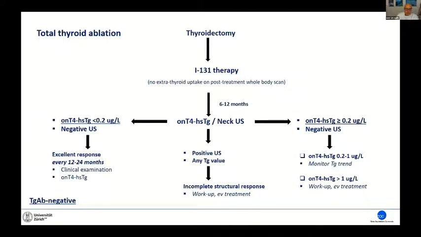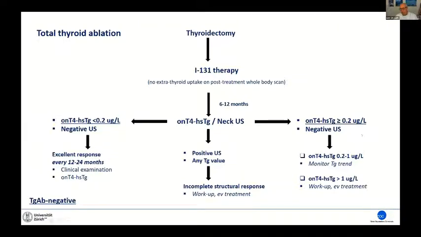In other cases, with negative ultrasound, those patients with undetectable thyroglobulin are classified as excellent response and clinical examination, thyroglobulin measurement every 12 to 24 months are generally enough. In more selected cases, thyroid ultrasound can be added.